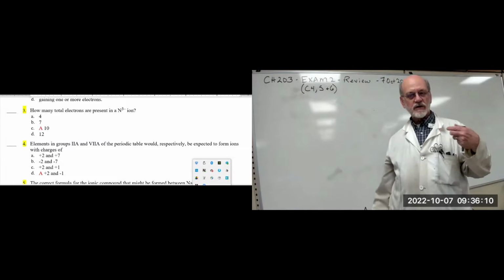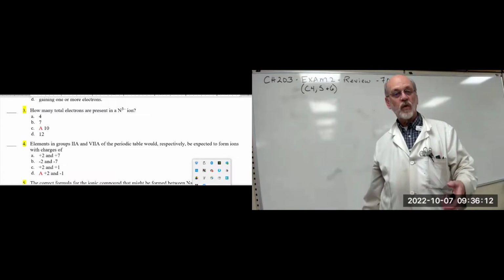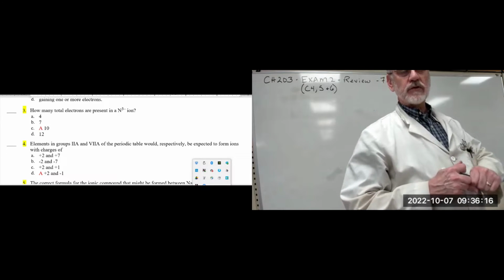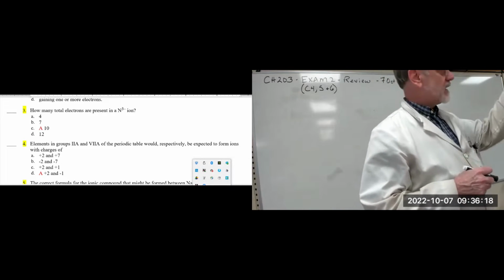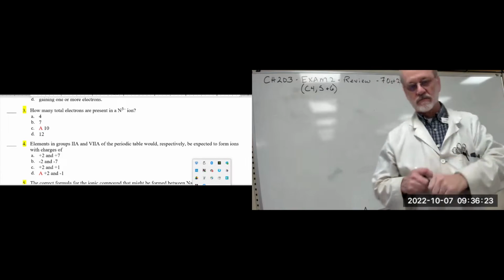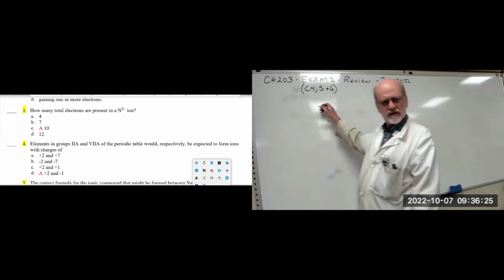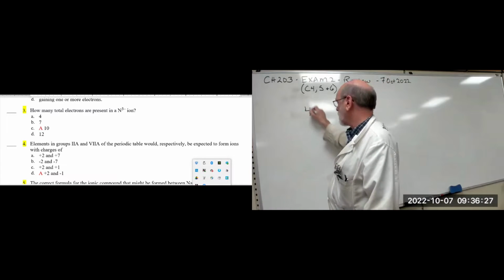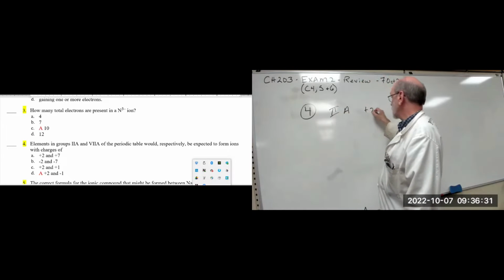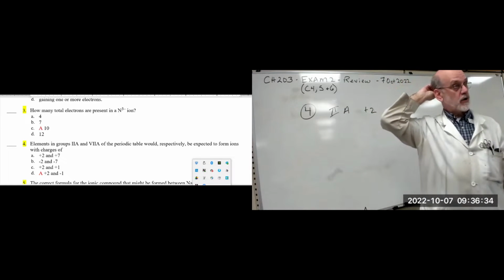These elements are expected to form ions with charges of what? Okay, if you're 2A, what column is that? The second column, positive 2, right? Let's see, this is 4. So 2A would give you a positive 2 charge, alkaline earths.